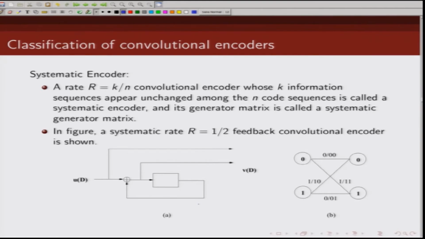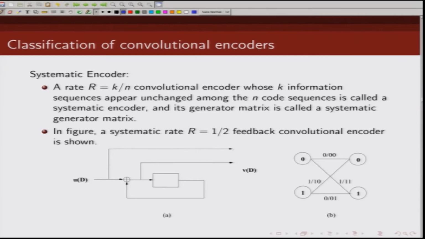And the generator matrix corresponding to a systematic encoder is known as systematic generator matrix. Take example of this rate 1/2 feedback encoder. You can see there is one input and there are two outputs. So, it is rate 1/2 and it is a feedback encoder. There is a feedback from the output to the input side.